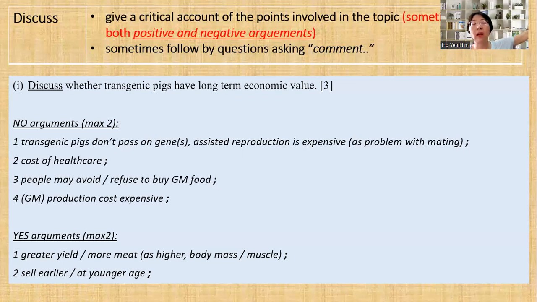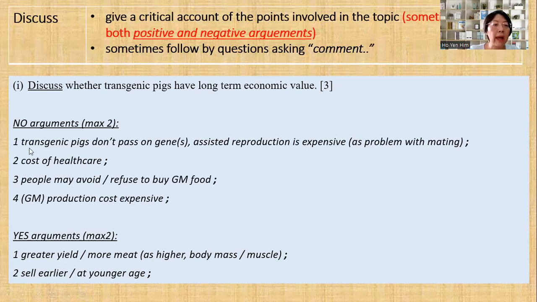This is in the passage. Because they do not interbreed, even though they're transgenic, you have gone through a lot of process to make them transgenic, but they cannot pass on their genes to the offspring because they do not reproduce, because they don't want to interbreed among each other. Okay, so that's number 1, they do not mate because of the problem of mating.